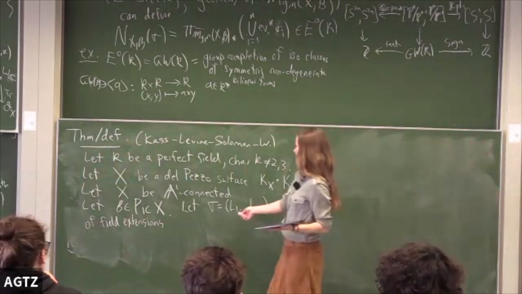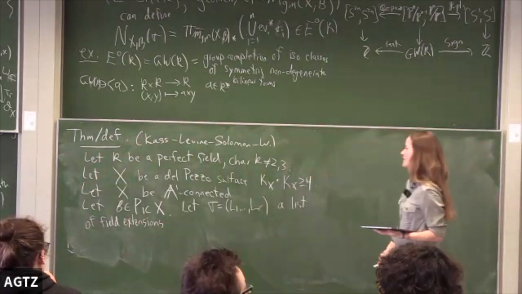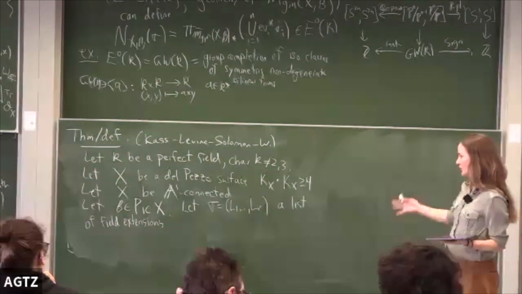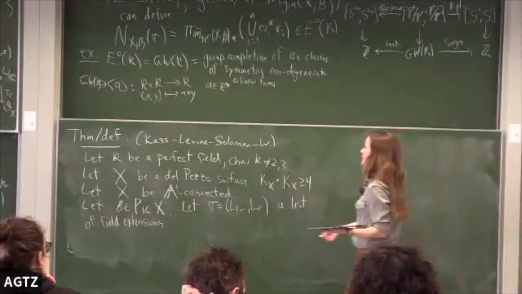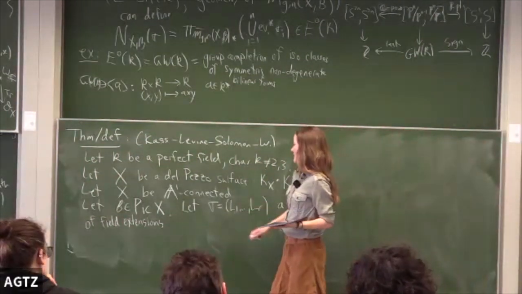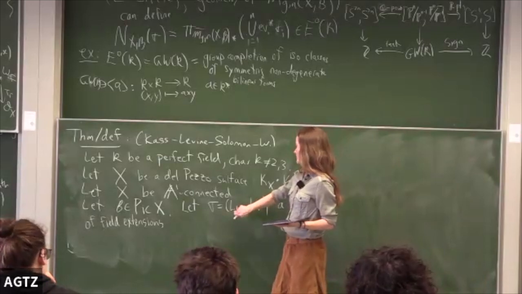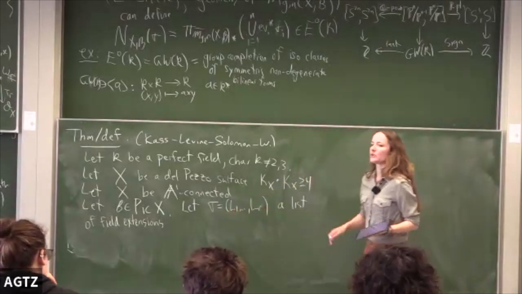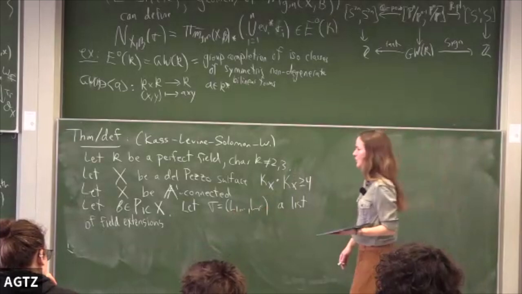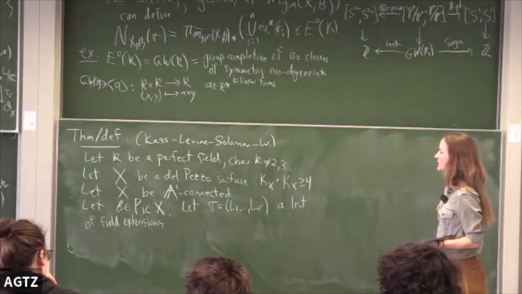But a lot of the time, on blowups of P2, you pick generic points whose coordinates are defined over L1 through LR, and you count with some weight the curves of degree beta going through them.